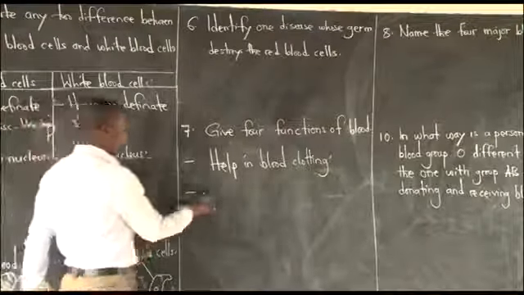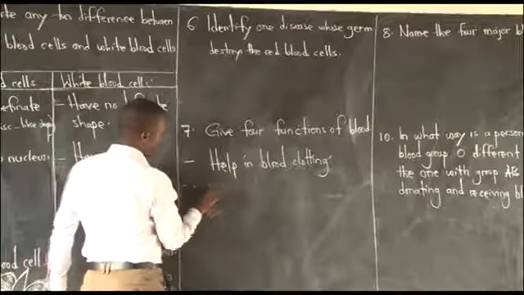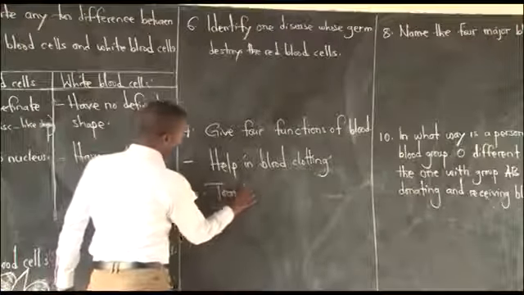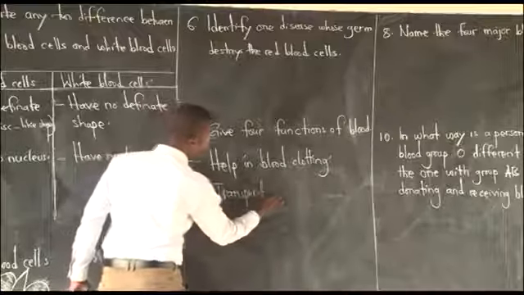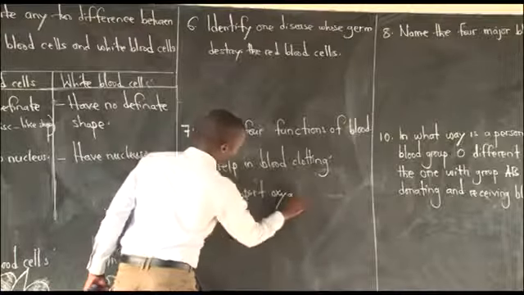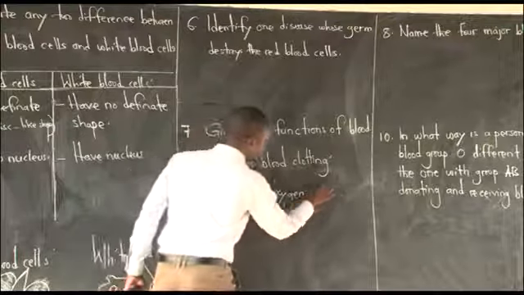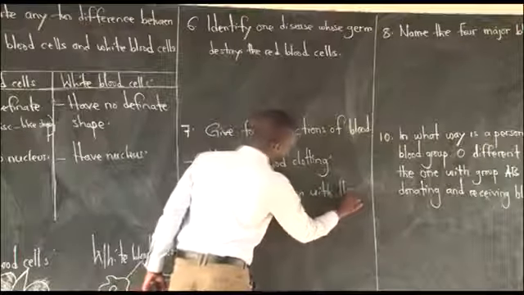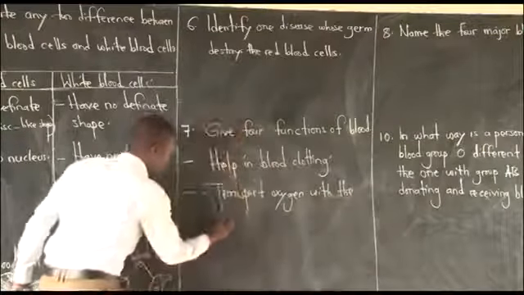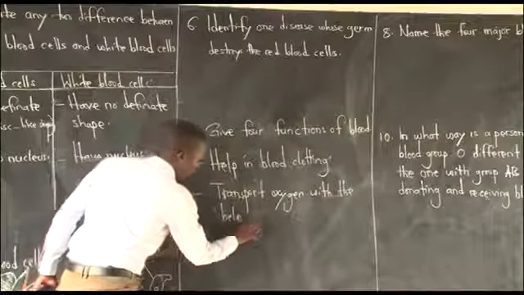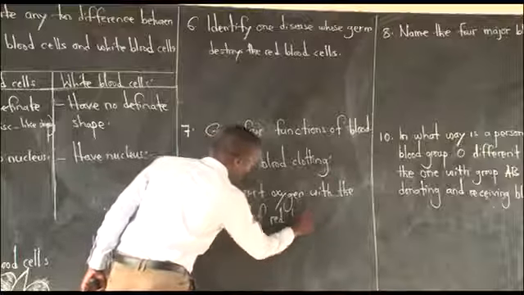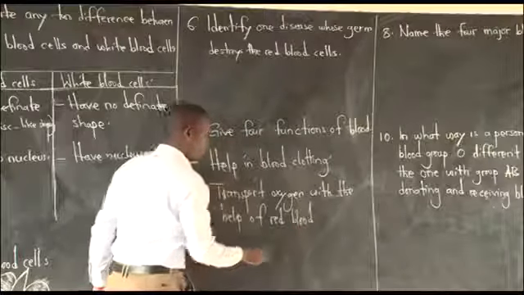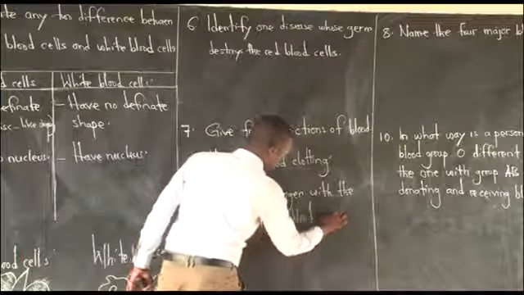So you can simply say, blood transports oxygen with the help of red blood cells.